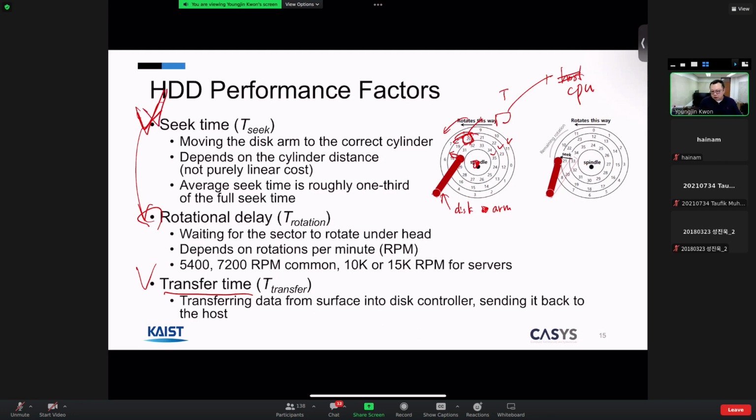The FFS designers noticed that lots of seek time happens when the disk is fragmented. How to reduce the seek time is the key question. What's your idea? Any idea? This is a known problem, so any idea?